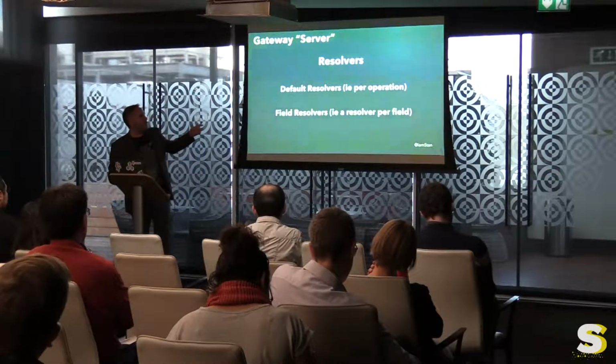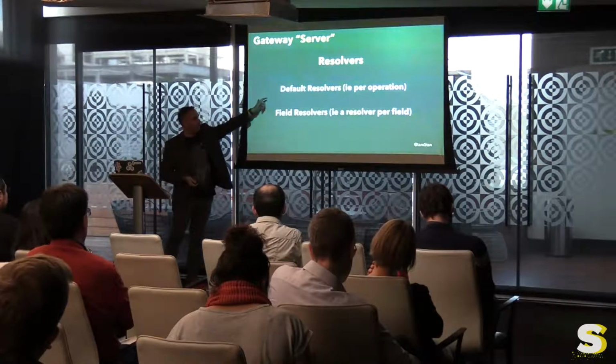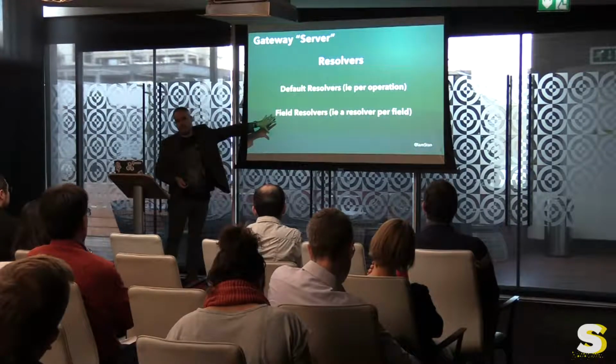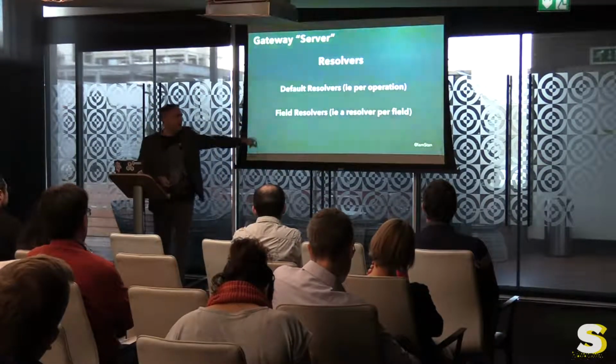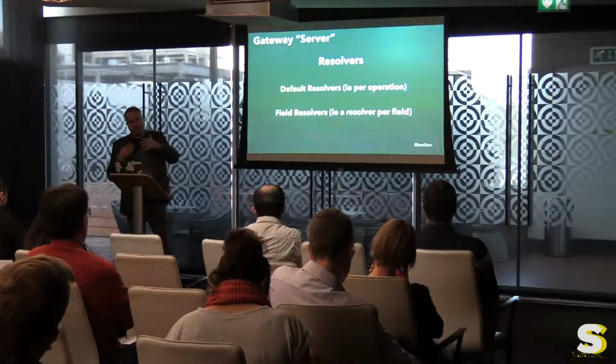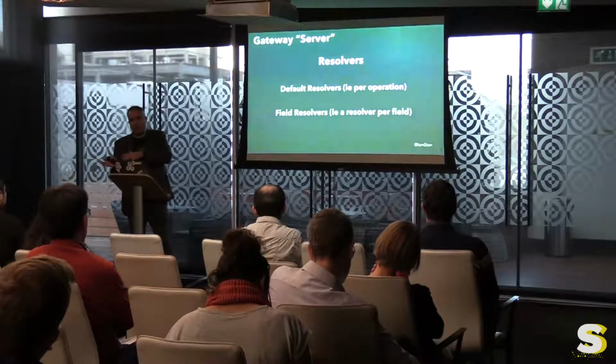There are implementation differences between default resolvers and field resolvers. Field resolvers are significantly harder to implement, because GraphQL ships with a whole bunch of utilities which can translate your schema into executable code.